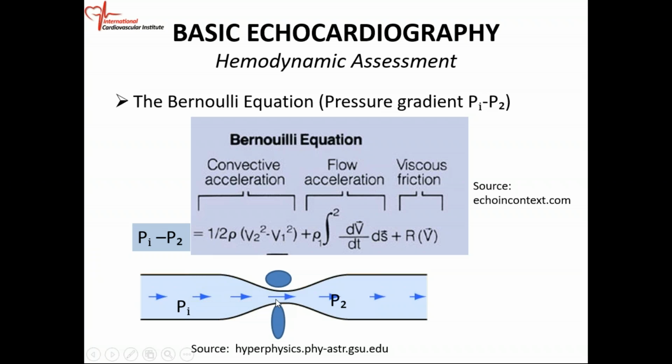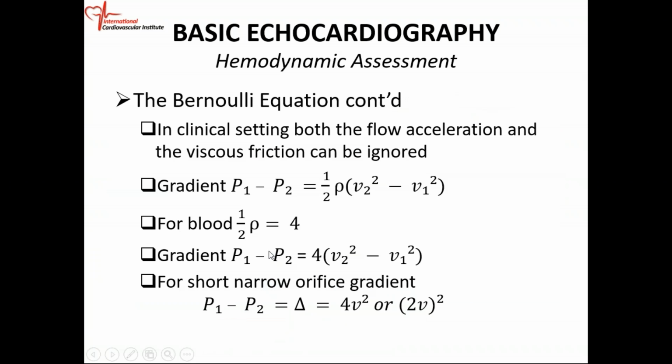And for a short segment of tubing, we can ignore V1. So we're left with the gradient equal to 4V squared. This is a very important formula in hemodynamics. You have to remember that the gradient is equal to 4V squared.